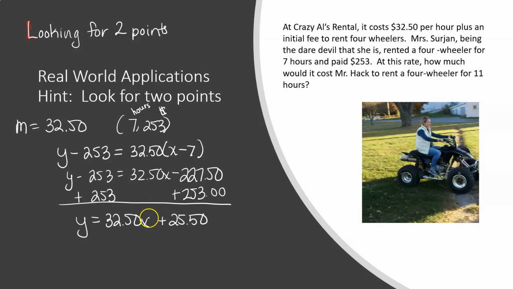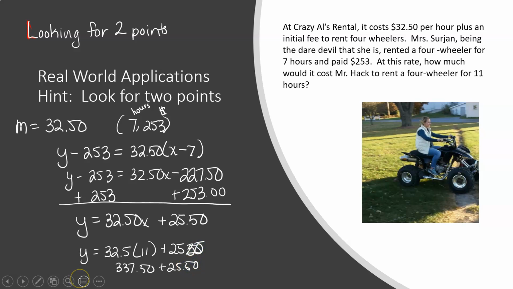So if we just plug the 11 into this formula, the 11 hours that Mr. Hack rode the four-wheeler, we take 32.50 times 11 and we add that fee onto it, we get $357.50 plus 25.50.